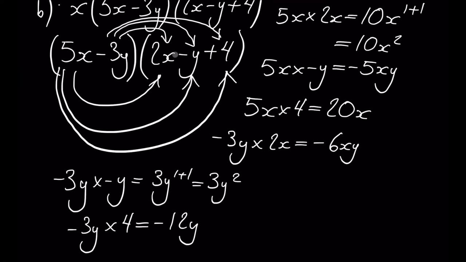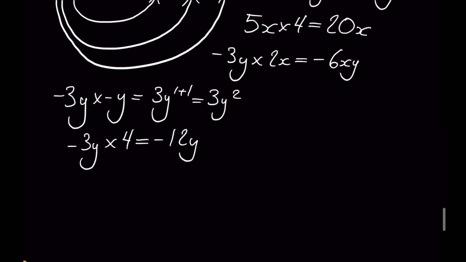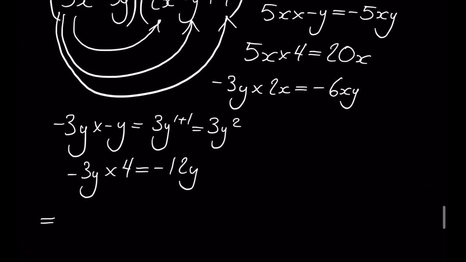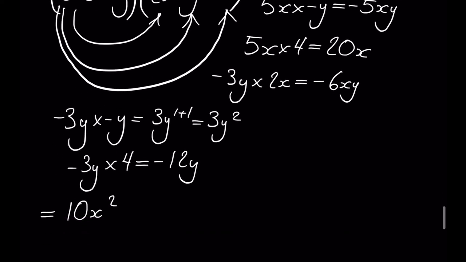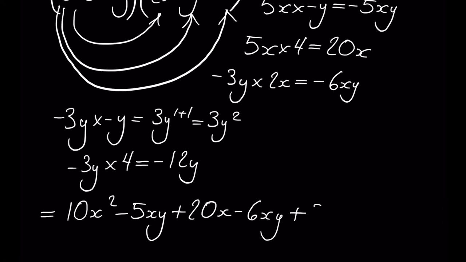So the answer to 5x minus 3y multiplied by 2x minus y plus 4 is equal to 10x squared minus 5xy plus 20x minus 6xy plus 3y squared minus 12y.